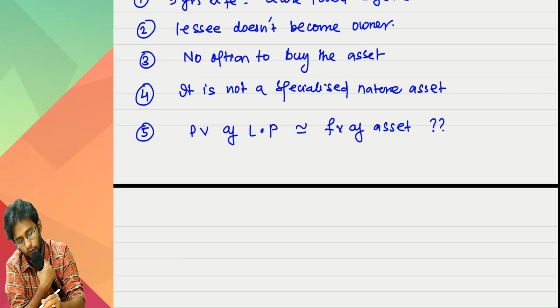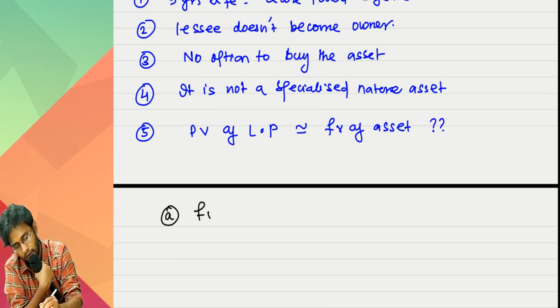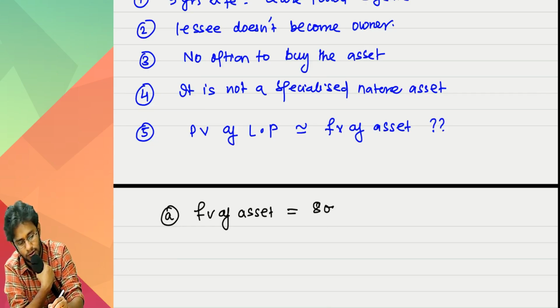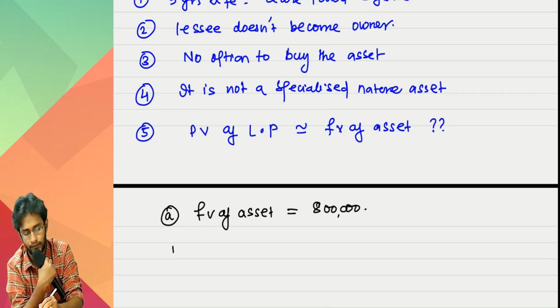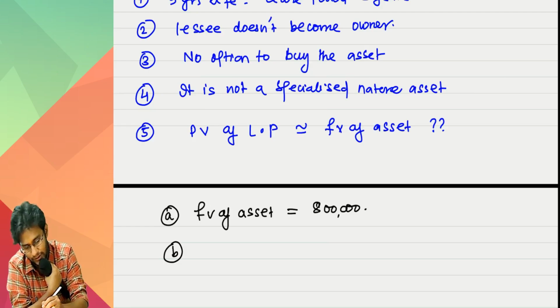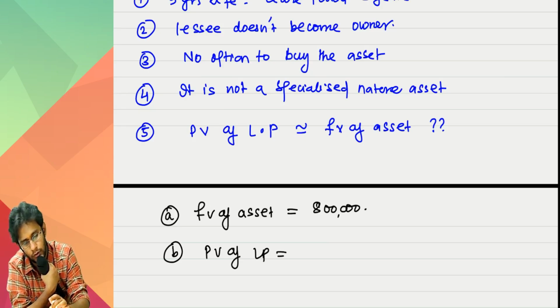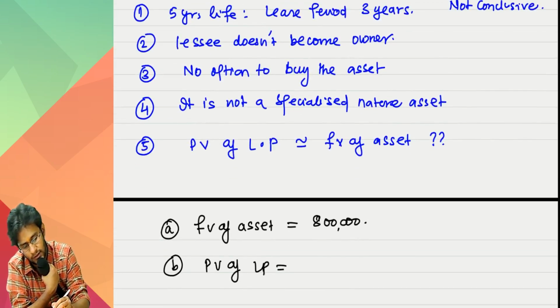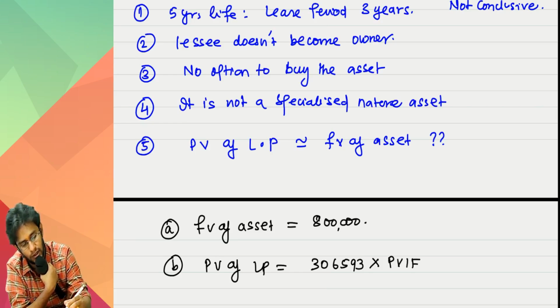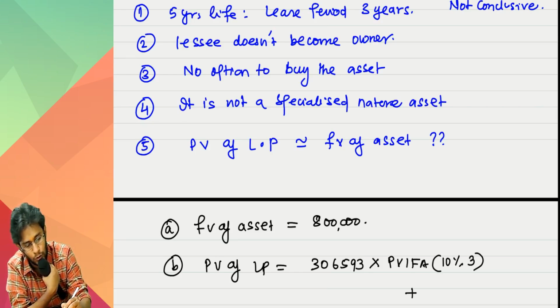How will you check? Work out. Fair value of the asset, which is already given in the question, is 8 lakhs. Present value of lease payments is equal to 306,593 into PVIFA 10%, 3 years. Don't add the UGRV.